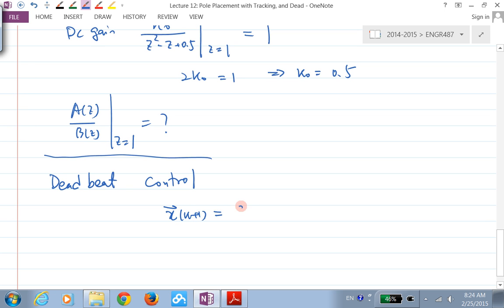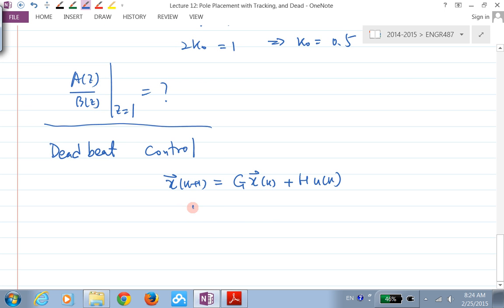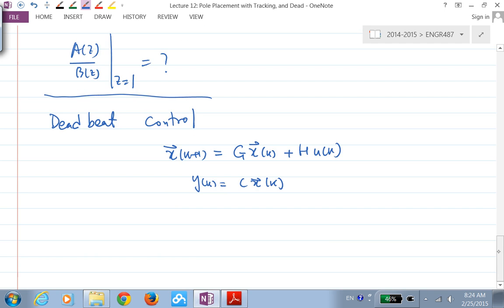x of k plus 1 equals g x of k plus h u of k, and y equals c x of k. Let's say we're designing a pole placement here.